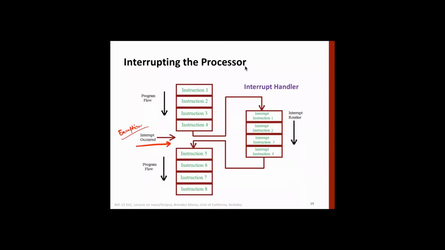All right, so this is the normal flow of the program, and at this point in time, let's assume an interrupt happens. So let's assume right now that an external device wants the attention of the CPU. The CPU will execute the last instruction, okay, and then jump over to the interrupt handler.